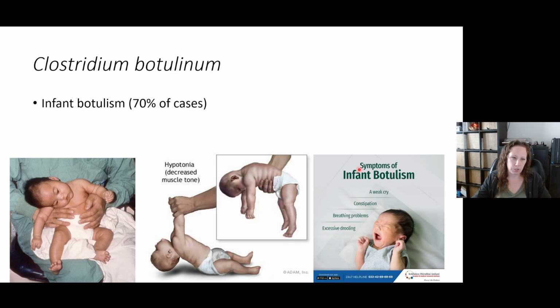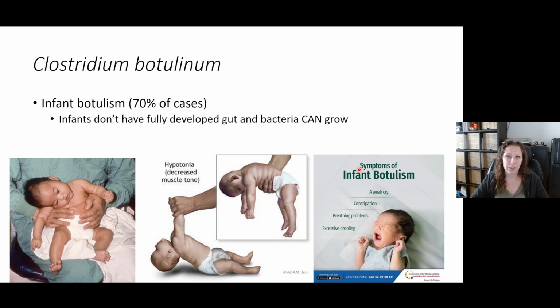So infant botulism, which is actually 70% of the roughly 200 cases per year, is usually infant botulism. And this is because infants don't have a fully developed gut, and bacteria can grow in their gut. So in adults, the Clostridium botulinum bacteria cannot grow in our guts.